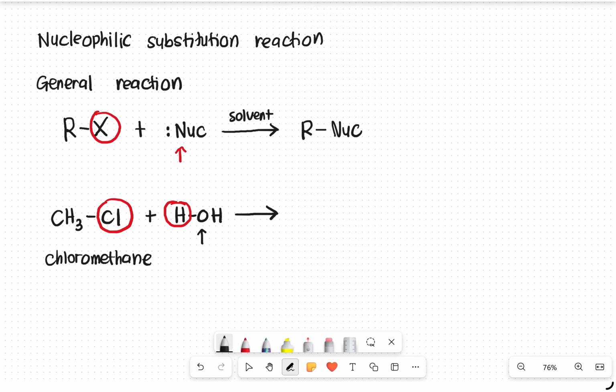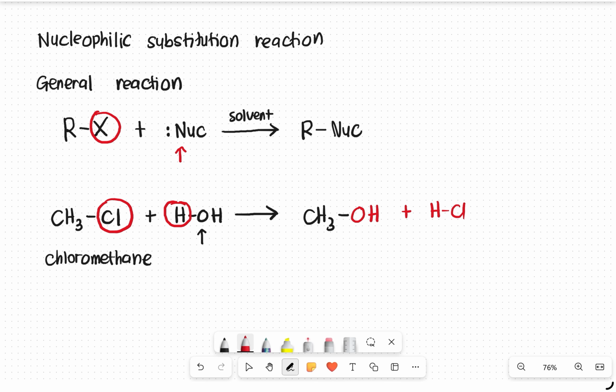It is O. So now draw the remaining alkyl group attached, CH3. Originally it is Cl, but it is no more Cl. Now it is OH. So this is your product, and the byproduct here is the one that you remove, HCl.